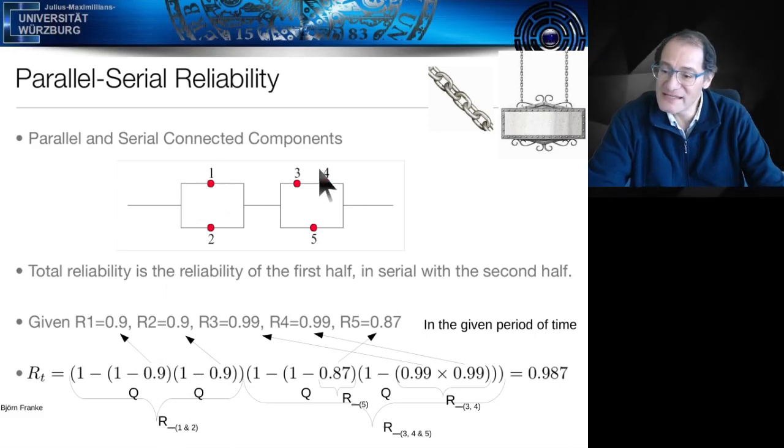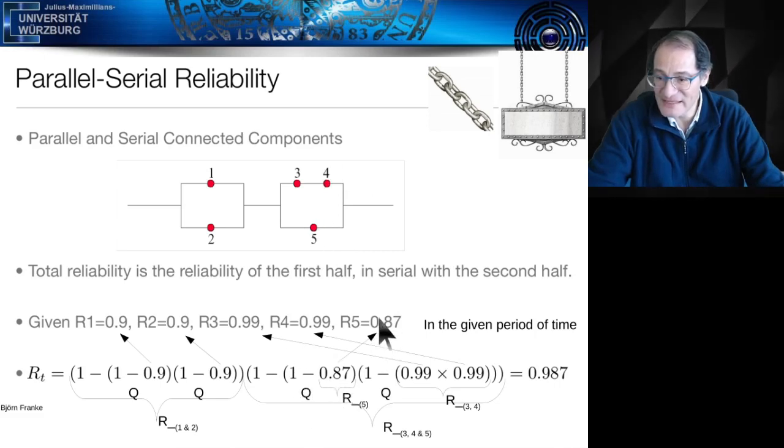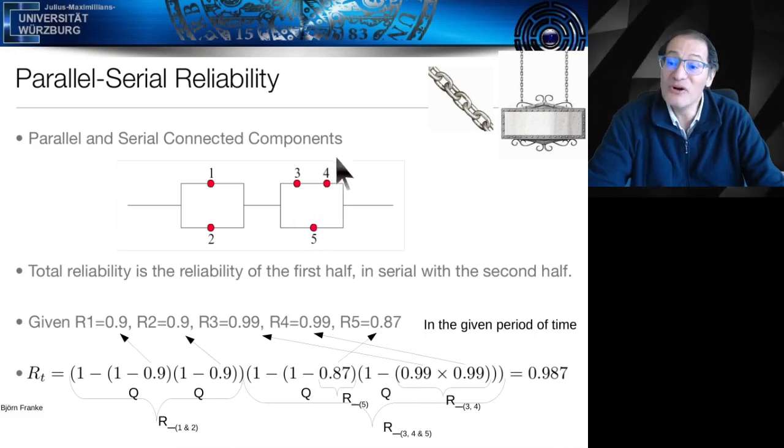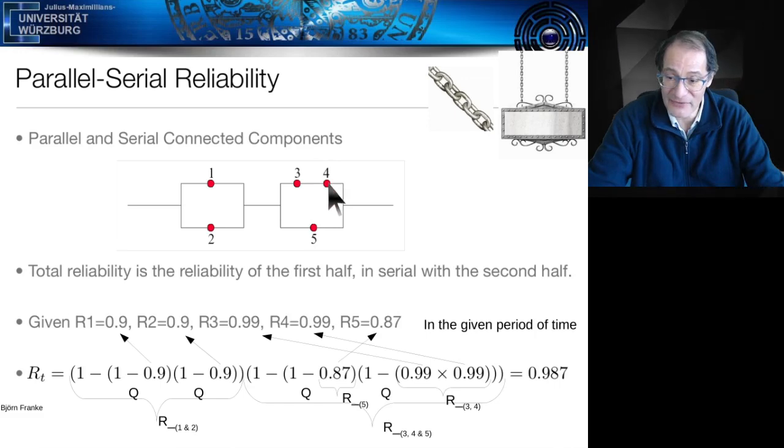And we do something similar here. The probability this is going to fail is 1 minus 0.85, this for R5. And the probability this is going to fail is the reliability from this multiplied with the reliability from this, and then minus 1.